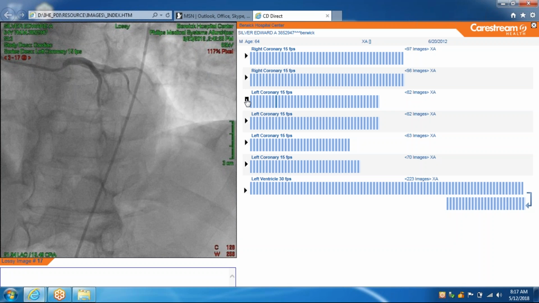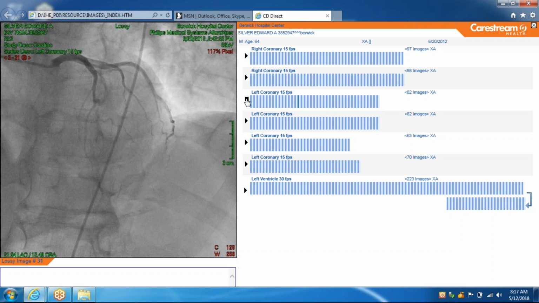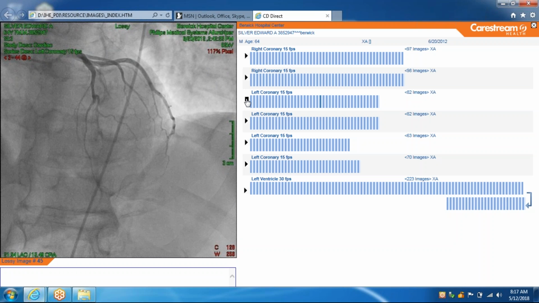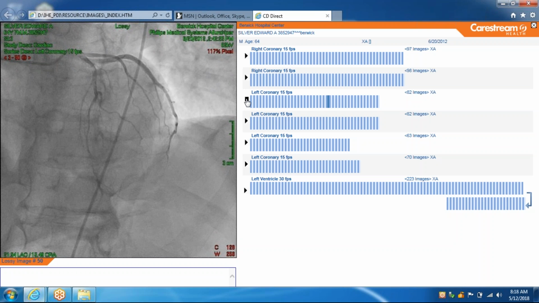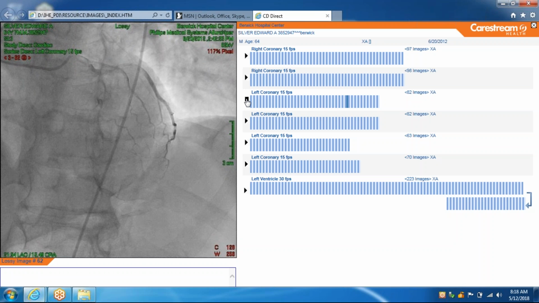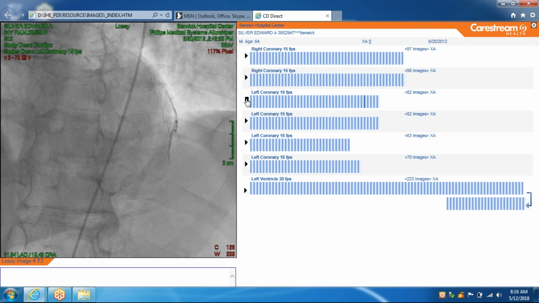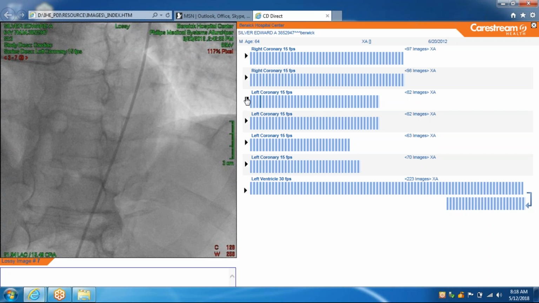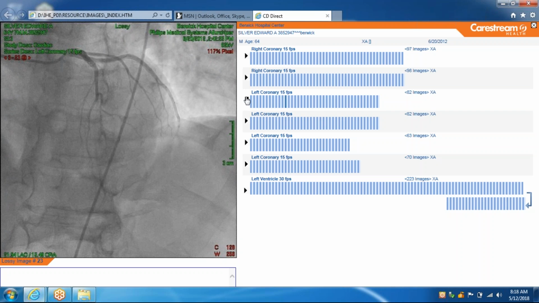Remember, the left main coronary artery comes from the left coronary cusp. Again, the left main divides into a left anterior descending coronary artery and a left circumflex coronary artery. If you look here, you can see the coordinates that we use.